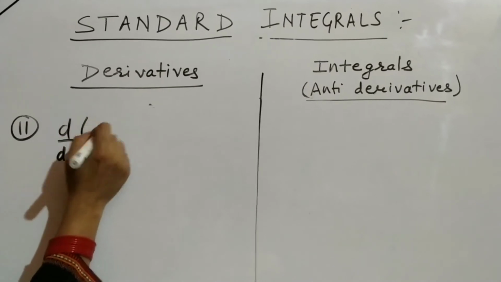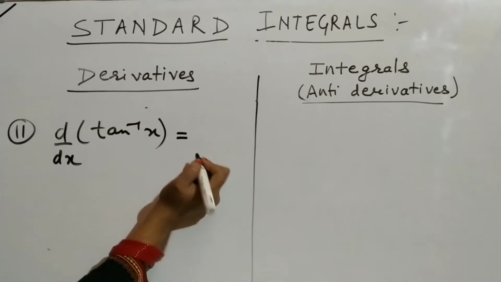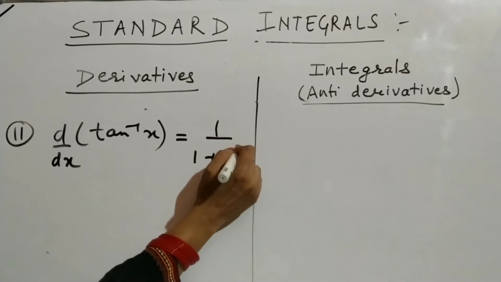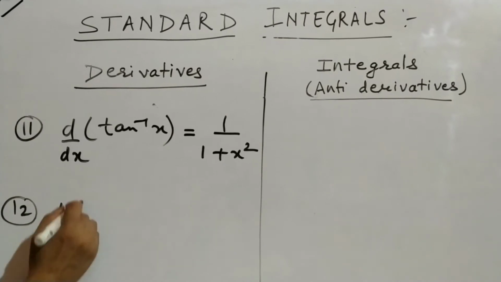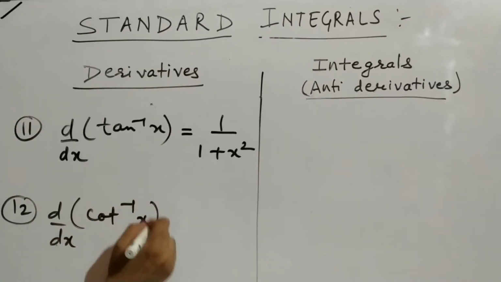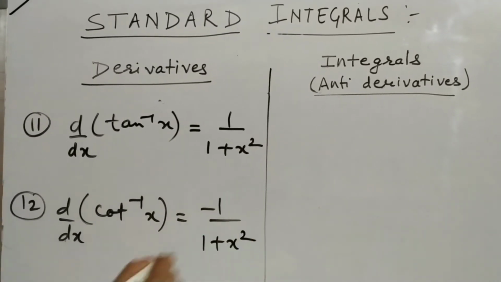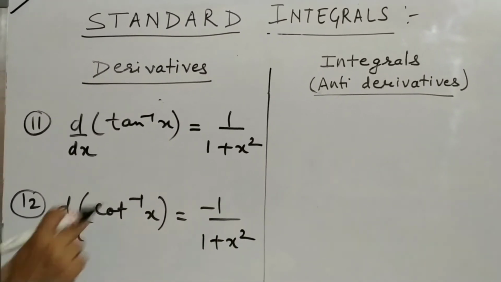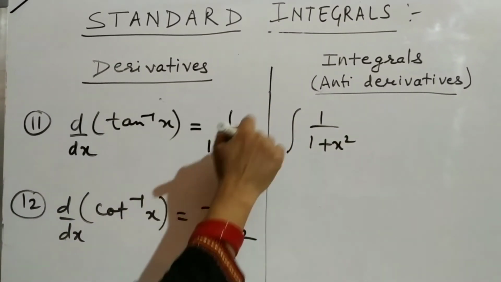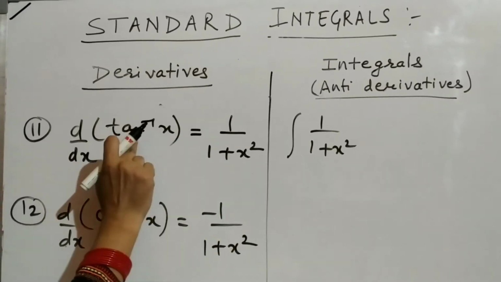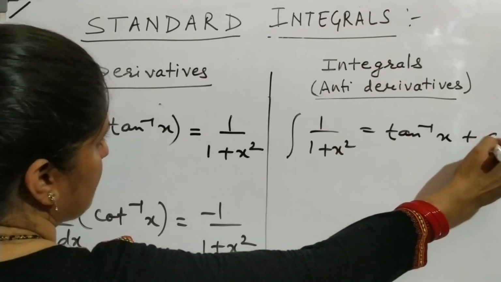Derivative of tan inverse x is equal to 1 upon 1 plus x square, and the derivative of cot inverse x is equal to minus 1 upon 1 plus x square. Then the integral of 1 upon 1 plus x square is equal to tan inverse x plus c.